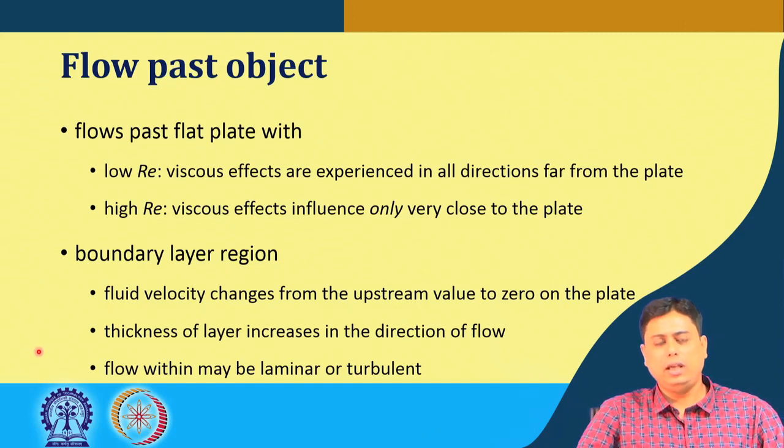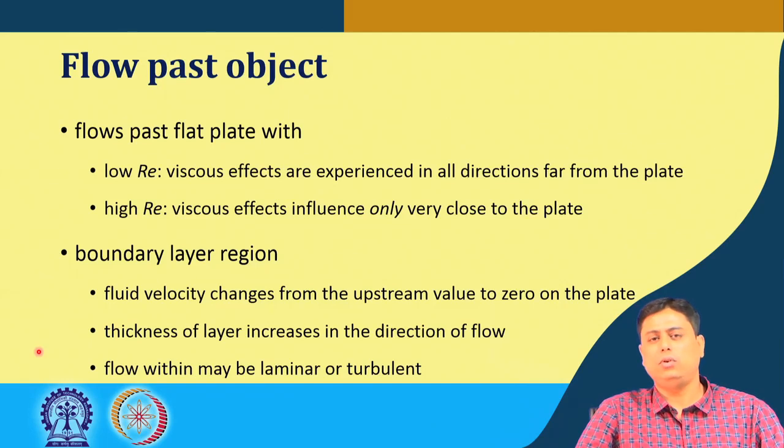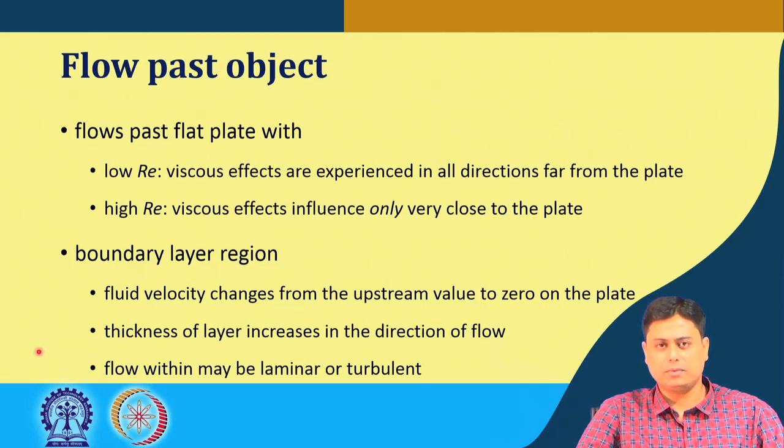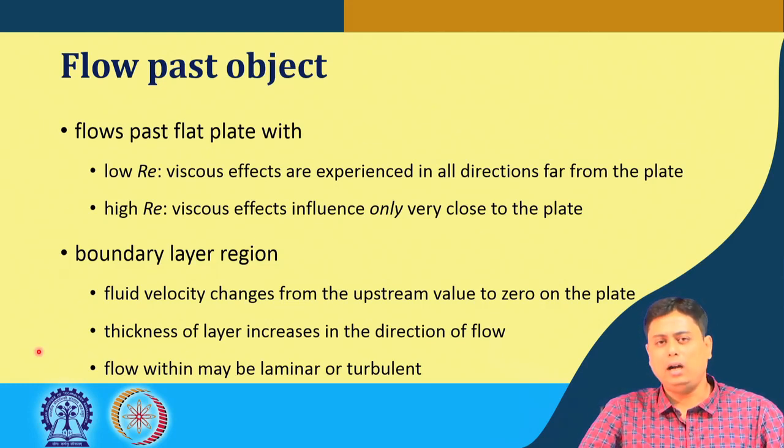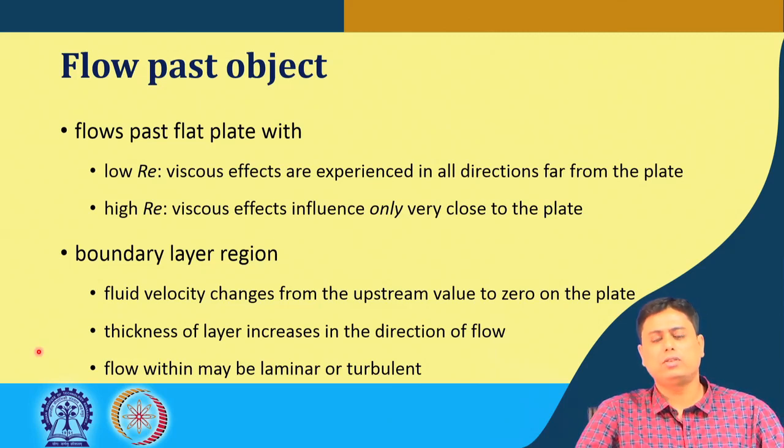Basically, you can think of this boundary layer region as a region where the viscous effects are dominant. Outside this, the flow happens as if it is inviscid, which means there is no effect of viscosity, but that rarely happens. But this is the part that demarcates this effect: inside that region near the plate or the surface, the effect of viscosity is there, there is a velocity gradient, but outside that region the velocity is nearly equal to the upstream velocity.